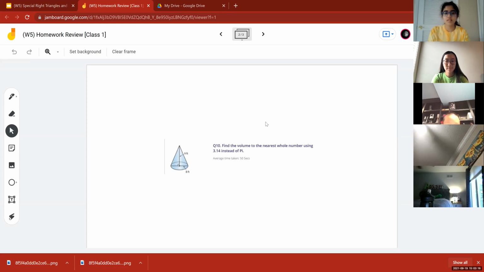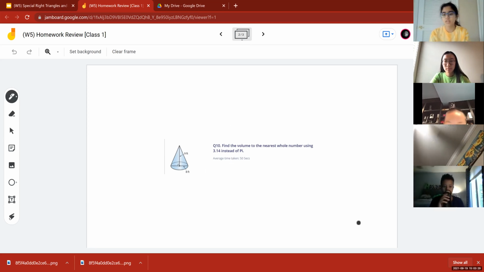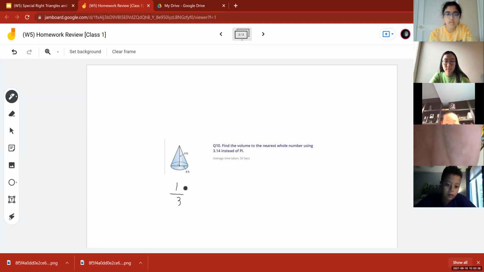Okay, so the next problem. Find the volume to the nearest whole number using 3.14 instead of pi. This is a cone, as we can see. We first need to remember what the formula is for this. For a cone, remember it's like a pyramid, so you do 1/3 times the area of the base times the height, right?